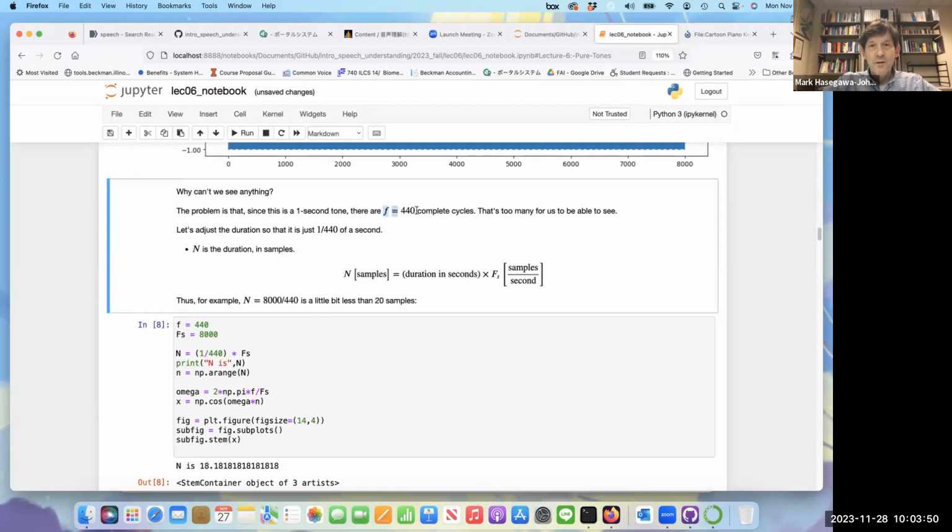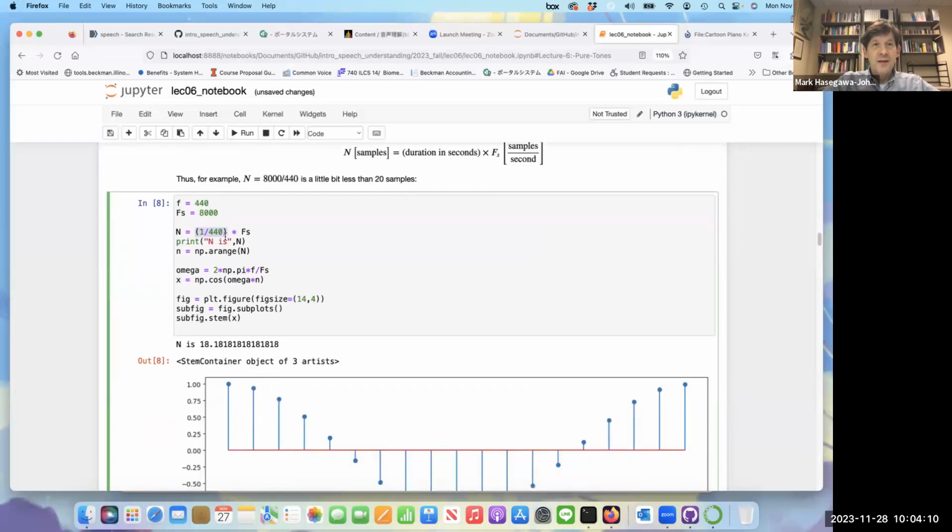If we have 440 complete cycles, then maybe we want n samples, which is the duration in seconds, times the number of samples per second. Let's say that we want 1/440th of a second, because we want just one cycle of the pure tone. Then we can take 1/440th times fs to get the number of samples.